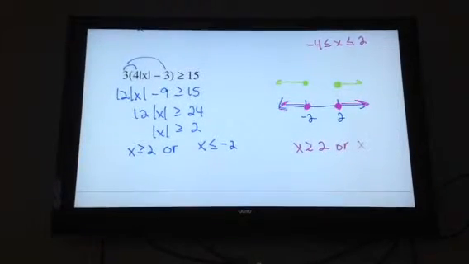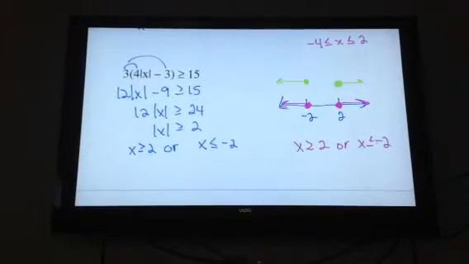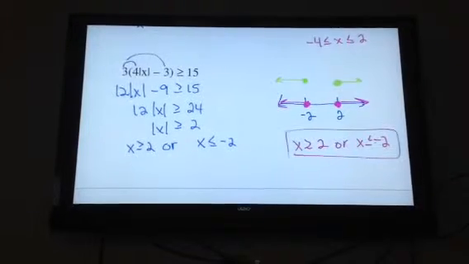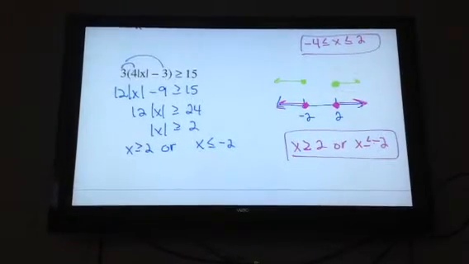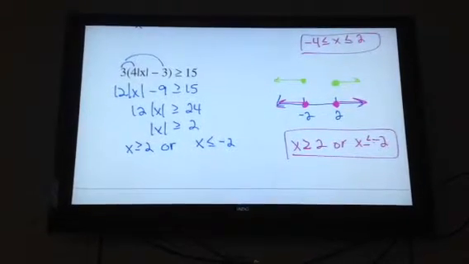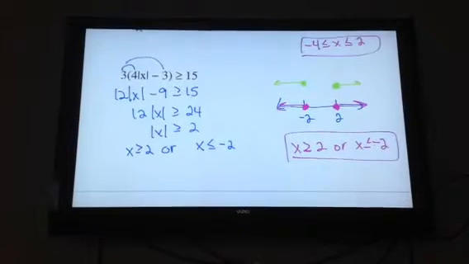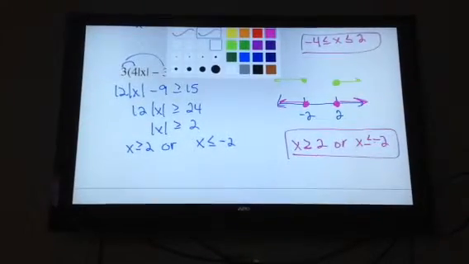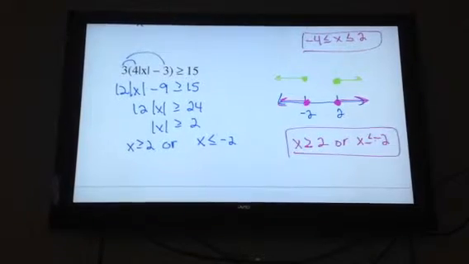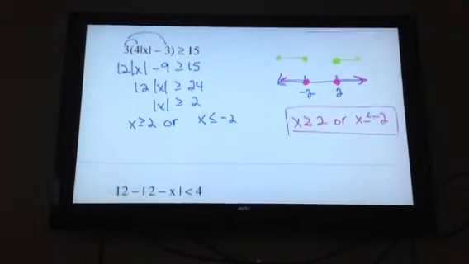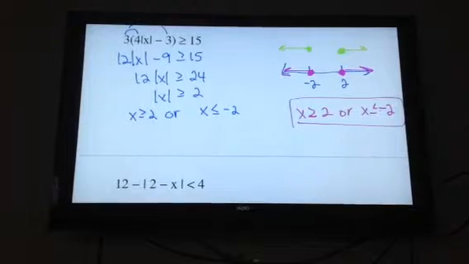I'm just going to rewrite it. So greater than or equal to 2, or less than or equal to negative 2. Anytime you have a split graph, you have the word or in your algebra answer. Question on that one?